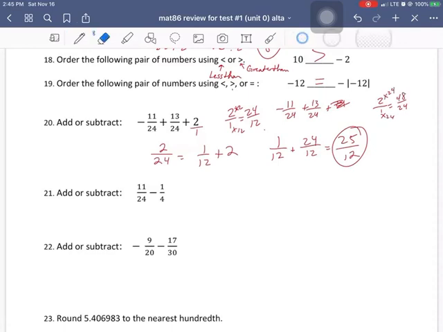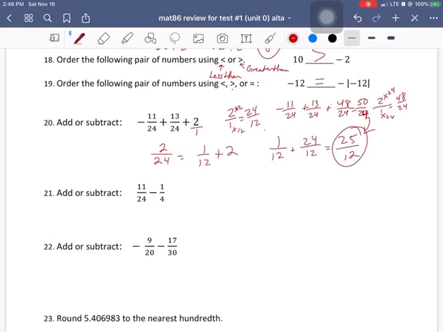So this would be 48 over 24. So 48 plus 13 minus 11 would be 50. 50 over 24, and you reduce it by 2, and you'll get 25 over 12, okay? But any way you do it, make sure you show some work that we can follow, that your instructor can follow, that supports your answer, okay?